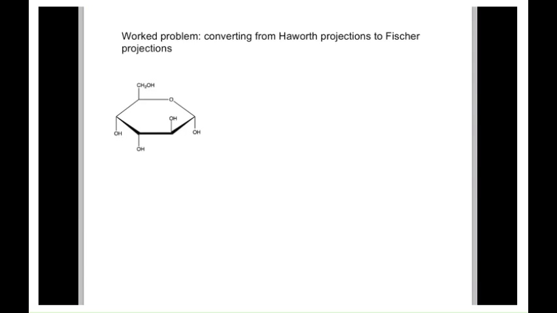So looking at this structure, here's our anomeric carbon. So this is the bond that's going to break to open up that ring structure. So let's go ahead and draw what happens when we open our ring structure.